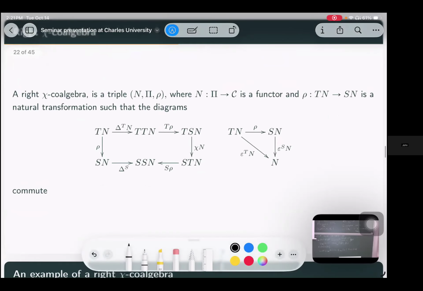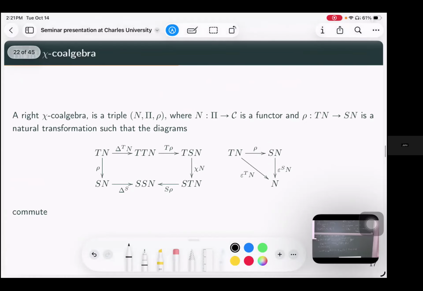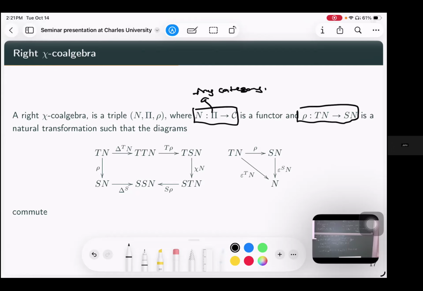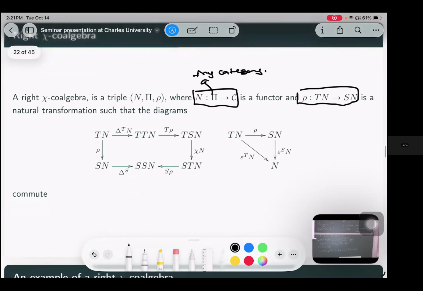All right. So a right chi co-algebra is a triple where we have rho to be a natural transformation from Tn to Sn. We have n to be a functor. Now this is any category. And then we have C to be the category we are interested in. And we need these diagrams to commute.